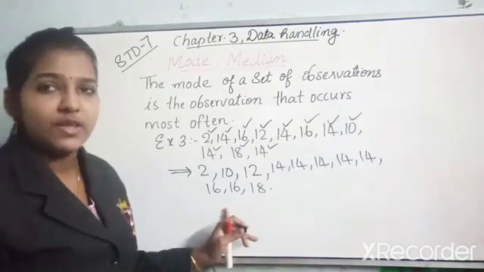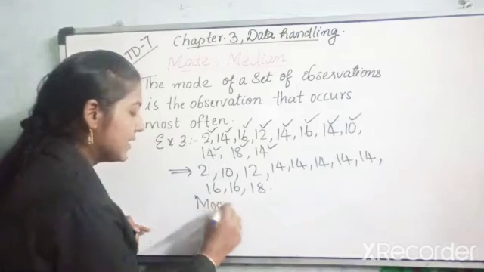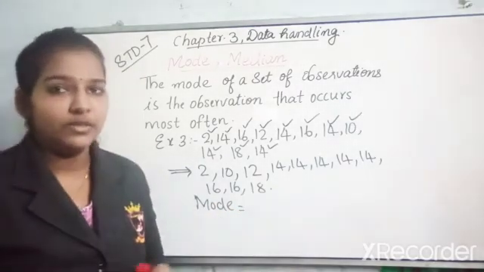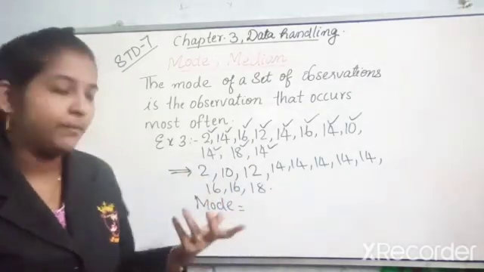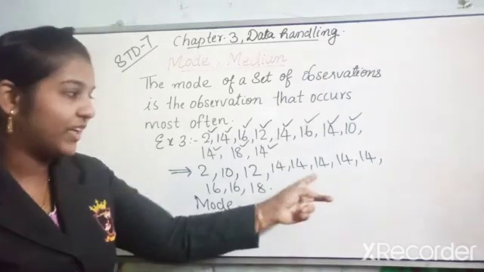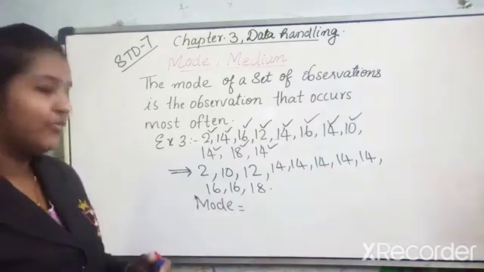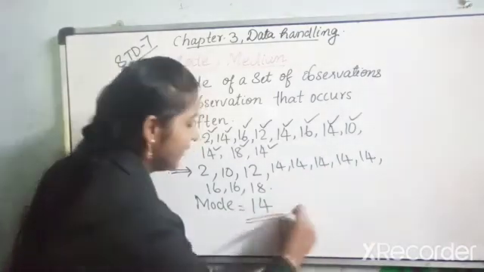Now we have to check which is the mode. Okay, we know mode is the observation that occurs most often. Here you check which observation occurs most frequently. We can easily understand the number 14 is repeating 5 times, isn't it? So 14 is the mode of these observations.